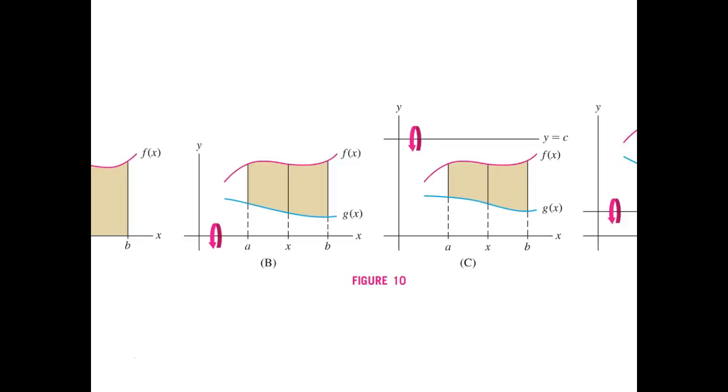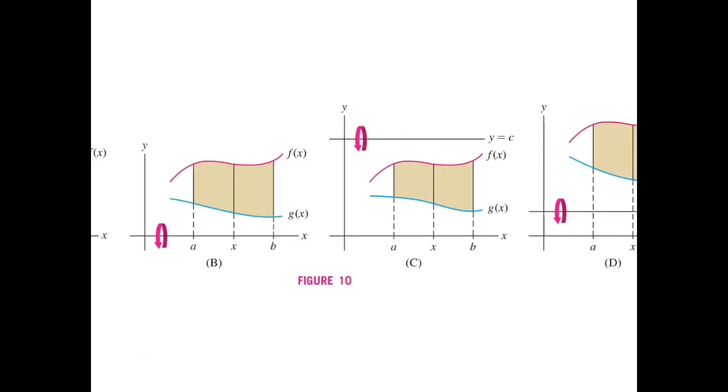Okay? You always take higher minus lower to give you the radius, but the outer becomes the one on bottom and not the one on top, because the c's up here. If the c were down here, then it would still be this one, but then you'd have a plus c at the end. F of x plus c minus g plus c. Whatever the sign is. Okay, so that's the third variation on the theme.